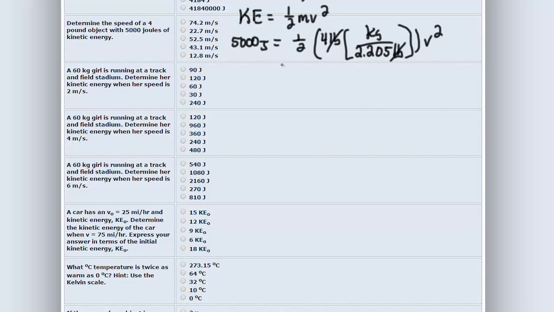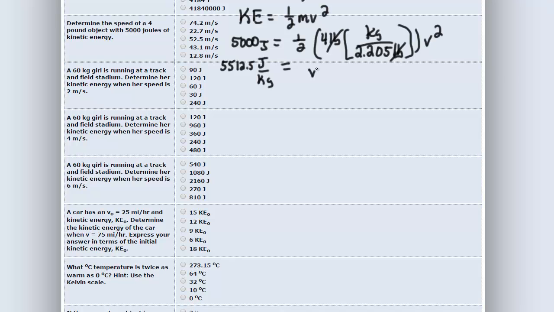So now we need to get out our calculator, and we're going to get 5,000 joules. We have to multiply 2 by both sides, divide by 4 on both sides, and then multiply by 2.205 on both sides. And what we'll get is 5512.5. And now our units are going to be joules, and we're going to divide by this unit, which is a kilogram.